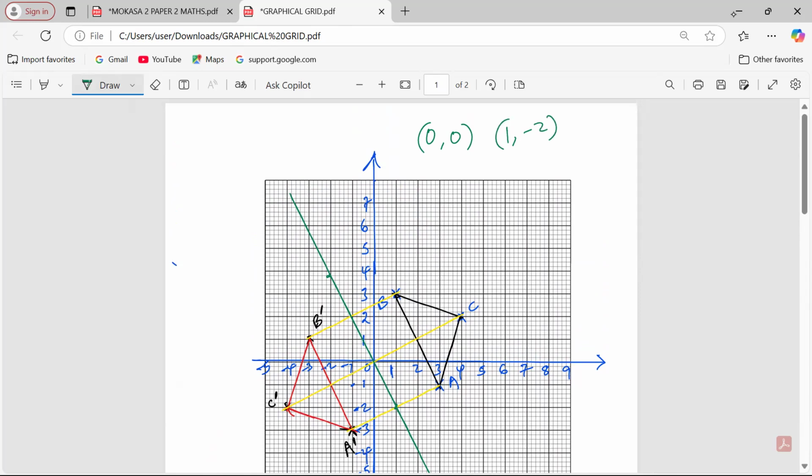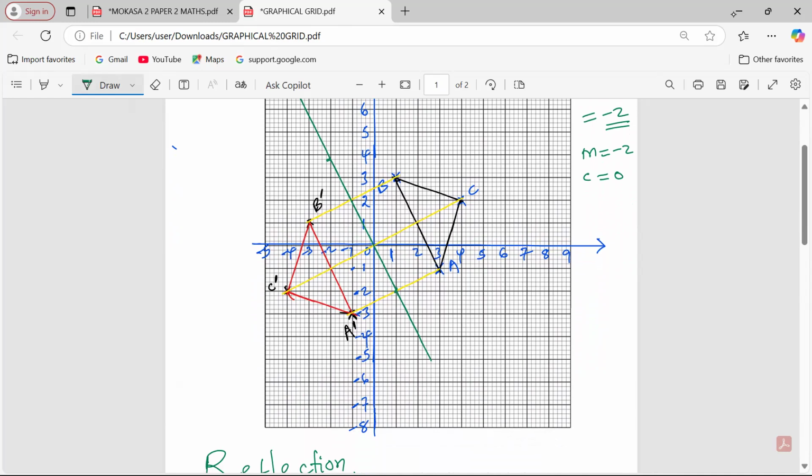So we can find the gradient. To find gradient, change in y over change in x, so -2 minus 0 divided by 1 minus 0. Change in y, -2, out of 1, the gradient is -2. So if the gradient is -2, that's m, and the y-intercept c is 0, then the equation will be y equals -2x plus 0.